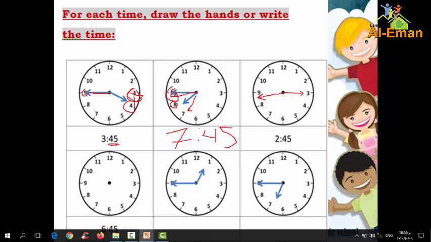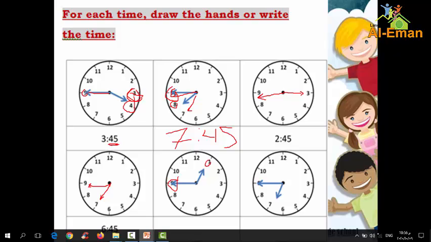The fourth one, 6 in hour, 45 in minutes. 6 in hour mean what? Mean short hand points to 7. That's great. And long hand points to 9. Good. The fifth one, short hand points to 1 and long hand points to 9. So how to write the time in digital clock?